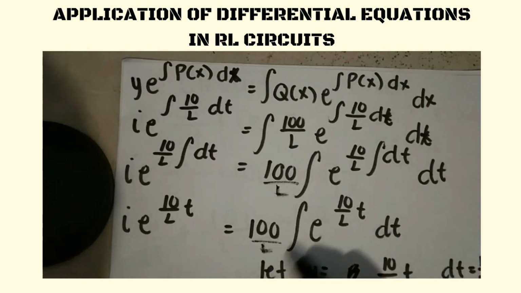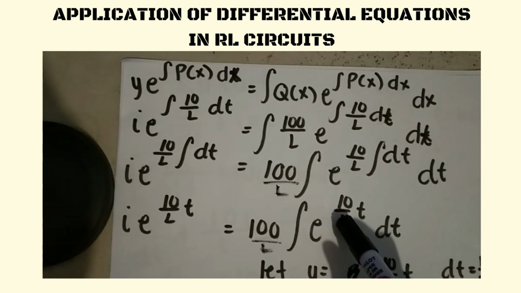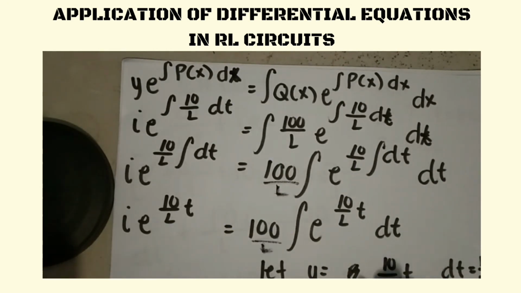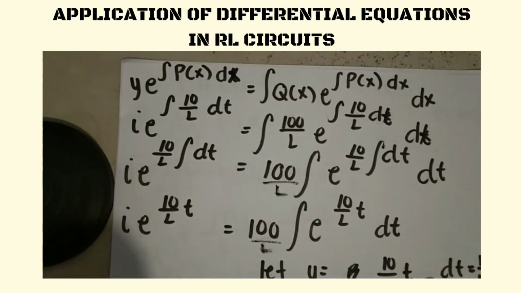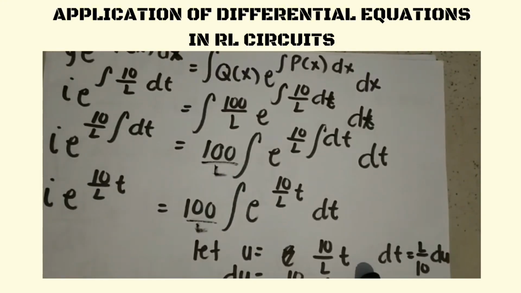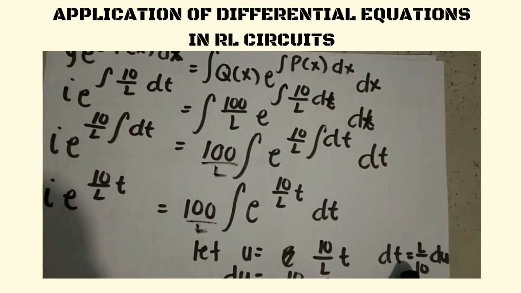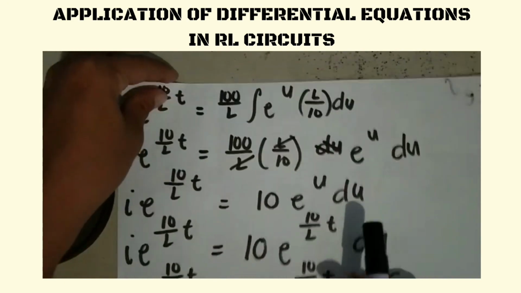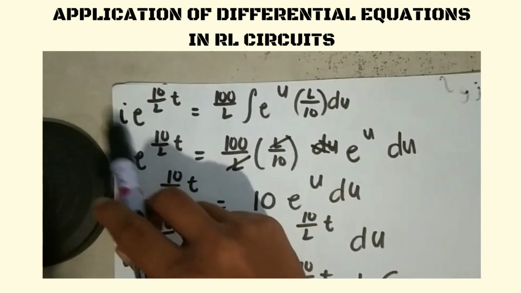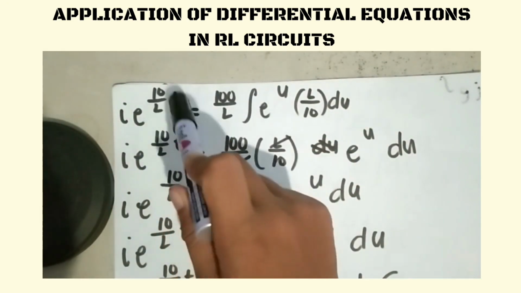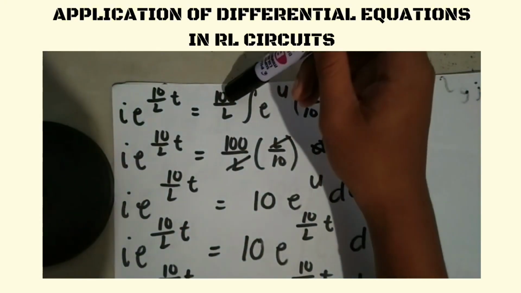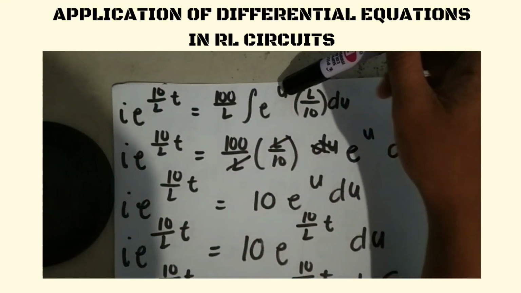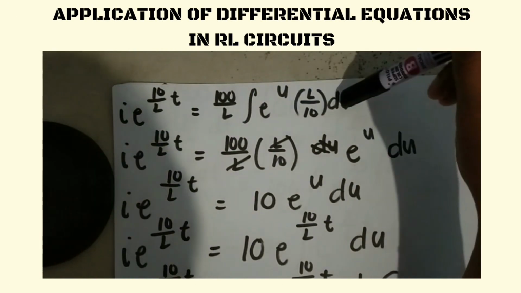So we're going to use a substitution: let u equal 10 over L times t, du is equal to 10 over L dt, so dt is equal to L over 10 du. Next, I e^(10t/L) is equal to 100 over L times the integral of e^u times L over 10 du.